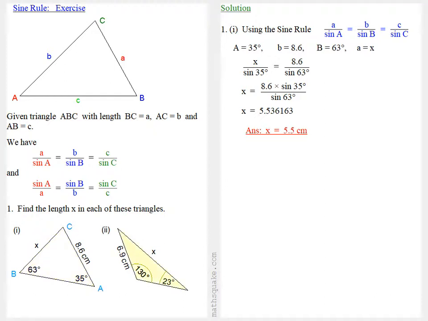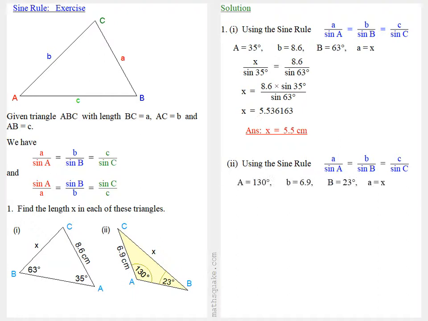If we look at the second triangle, we've got a side given as 6.9 centimetres and two angles, 130 degrees and 23 degrees. So if we label the sides of the triangle and then use the sine rule, a over sine A equals b over sine B equals c over sine C, we have the angle A is 130 degrees, b equals 6.9 centimetres and B equals 23 degrees.